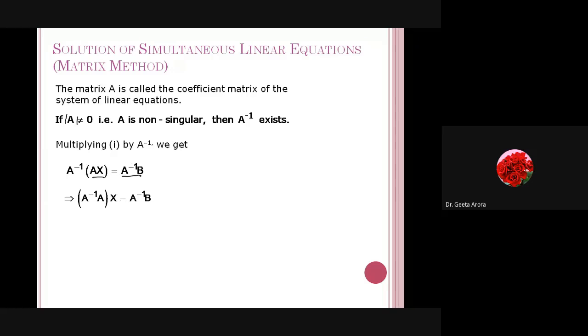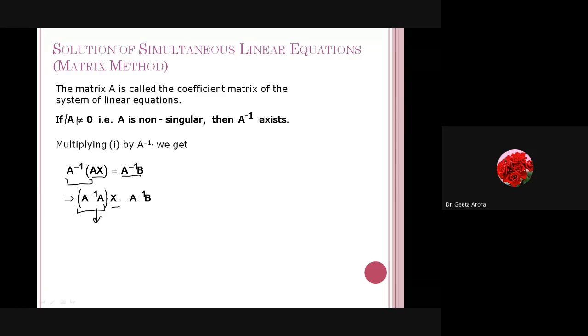Now if I open it by the property, A inverse AX can also be written as A inverse A multiplied by X. And by the property of inverse, we know the value of A inverse A. It is I n, where I is the identity matrix of order n, whatever the order of your matrix A, we take the same n.